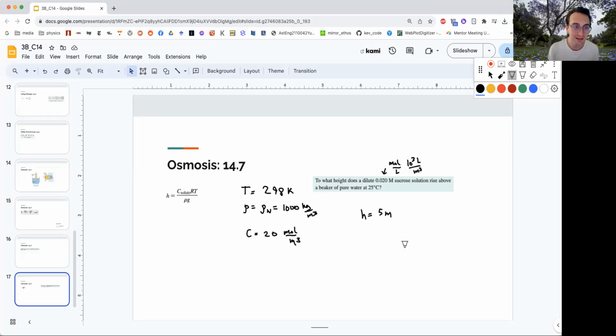And then one last thing, not related directly to osmosis, but it is related to the entropy of mixing, is to understand why oil and water don't mix. So oil and water don't mix, not due to some repulsion or something like that, but it's due to the fact that when you put a little bit of oil in water, the water molecules come and surround it. And when they surround it, you're minimizing the number of microstates.